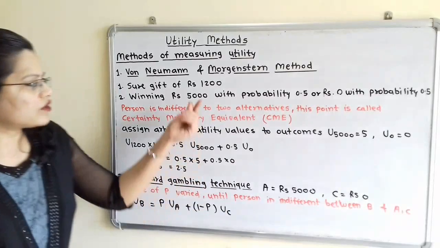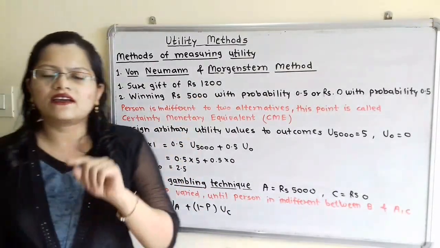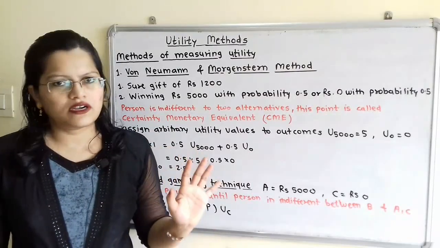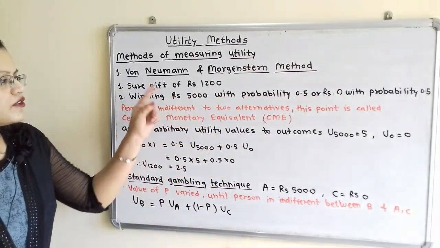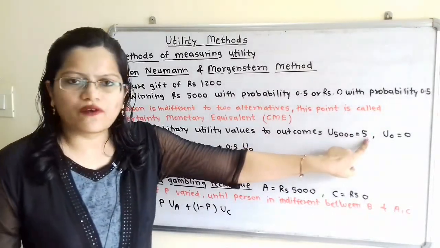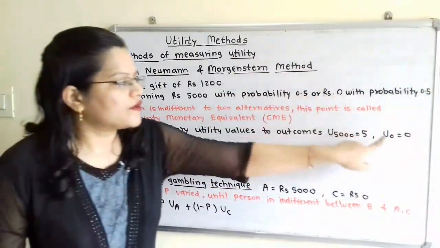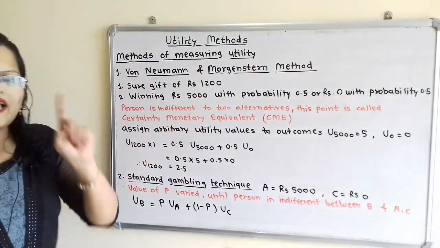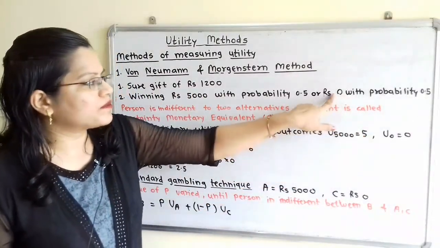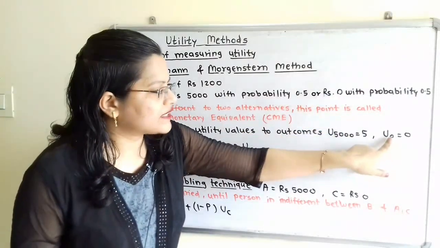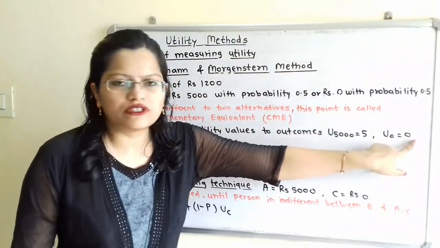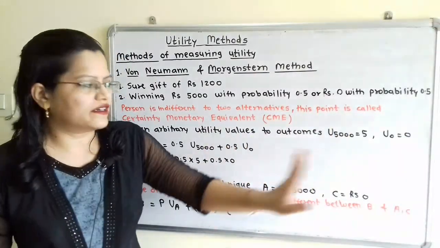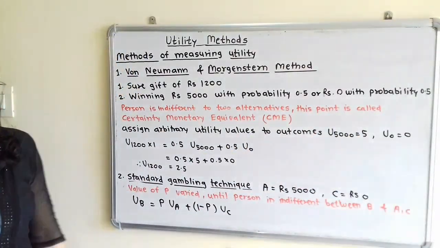For utility of 5000 we can assign value 5, or 10, or 100. For the maximum outcome we have to assign the maximum value, and for the minimum outcome we have to assign the minimum value. So the minimum value is 0, and for the maximum we can assign any value, either 5, 10 or 100. So here we will assign 5.